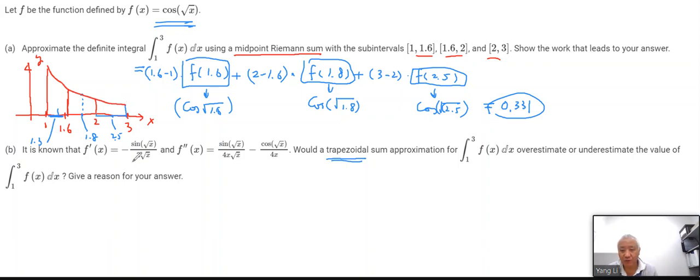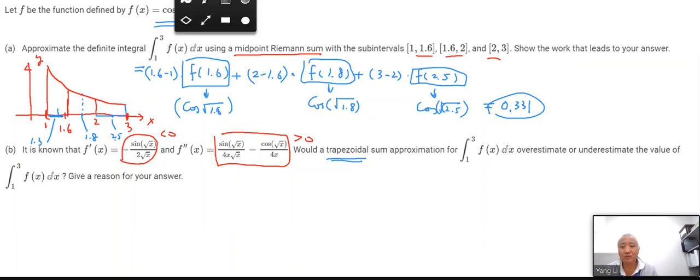Because we know that for x between 1 and 2, the first derivative should be less than 0, decreasing. And the second derivative will be greater than 0, which means the graph will open up. But right now, less than 0 is not useful for this question though.